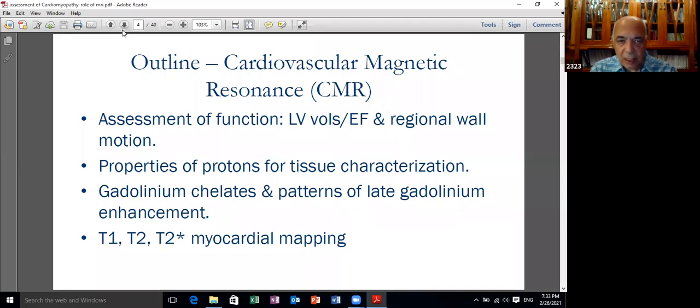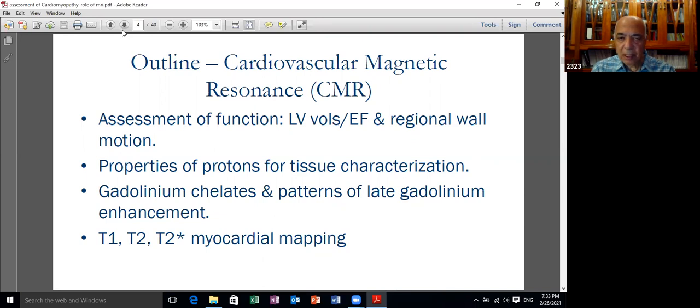So in this presentation, I will talk about the assessment of cardiac function, left ventricular volumes, ejection fraction, and regional wall motion abnormality. Of course, CMR is the gold standard in estimation of volumes and ejection fraction. We are going to talk about properties of protons.